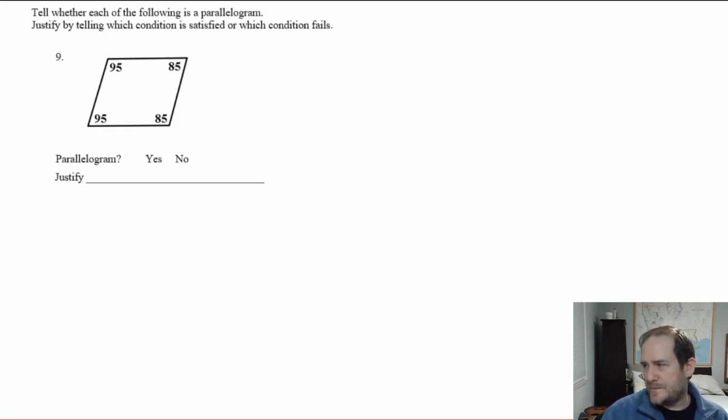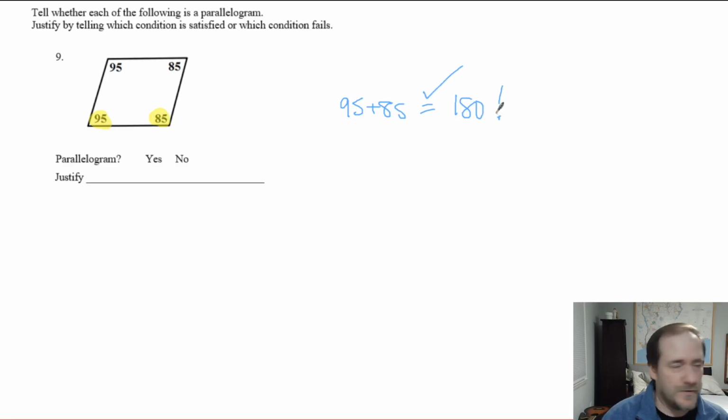Number 9. All right, 9 is a bit tricky. One of the rules of being a parallelogram is that your adjacent angles should be supplementary. So if the very first thing you looked at was these two angles, you'd ask yourself, hey, did 95 and 85 add up to 180? And they do. So that's one pair of adjacent angles that are supplementary.